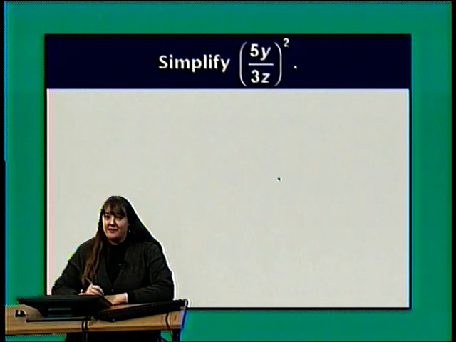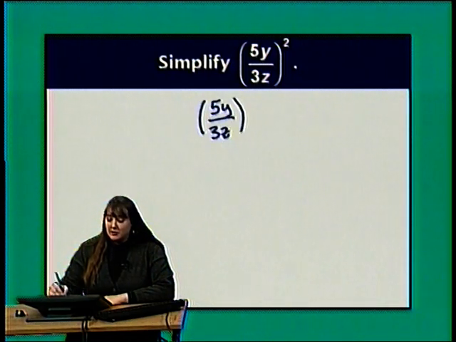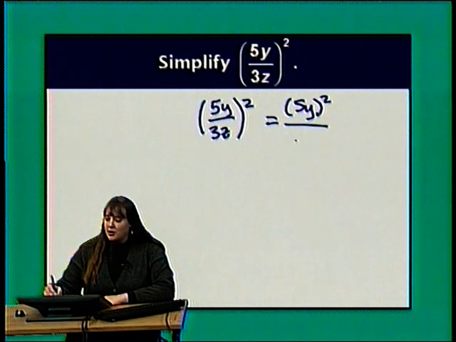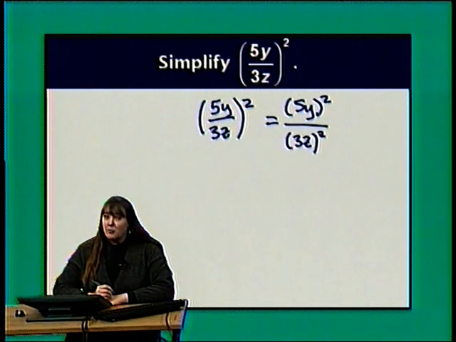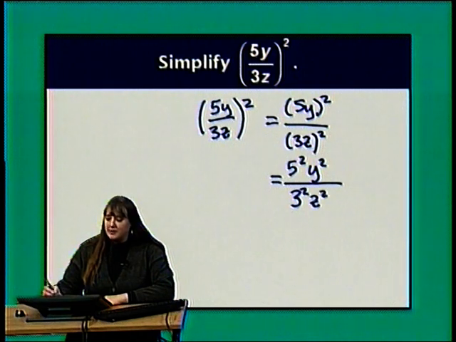Now let's simplify 5y over 3z squared. So if I distribute the exponent of 2 to the numerator and denominator, I have 5y quantity squared over 3z quantity squared. Our products to powers rule tells us that the exponent 2 distributes over the factors in the product, which means I have 5 squared y squared over 3 squared z squared.